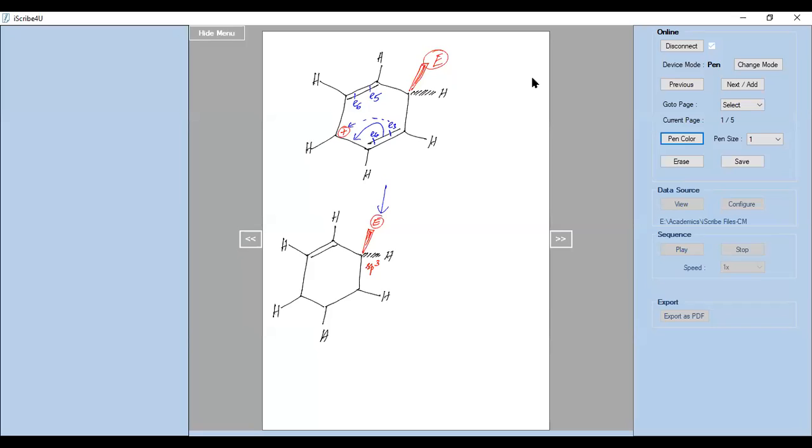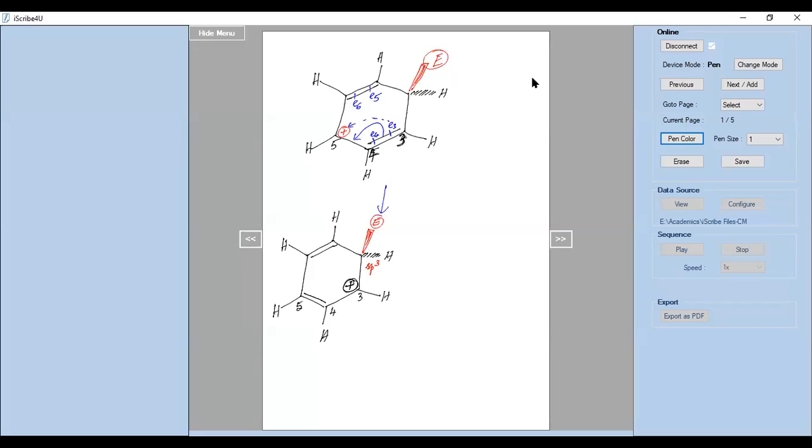Now, the pi bond between C4 and C5 will be shifted between C3 and C4, and the pi bond between C3 and C4 will be shifted between C4 and C5. As a result of that, the third carbon atom will get a positive charge.